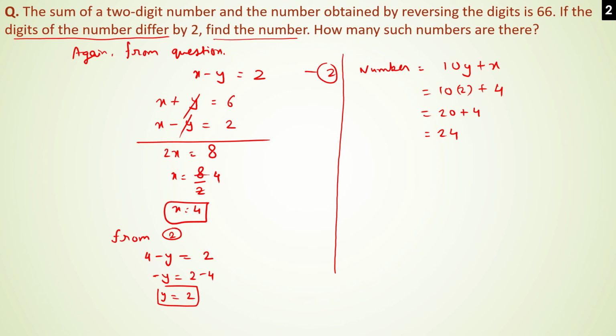And it is asking how many such numbers there are. There are two numbers. That means if we reverse the digits, we get 24 and 42. This is the required answer.